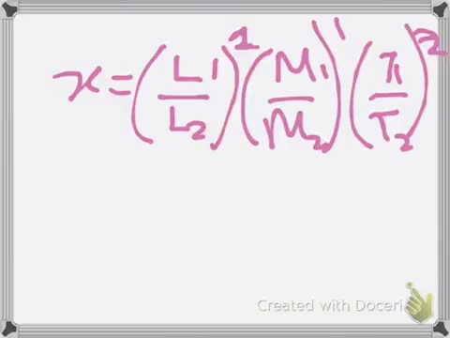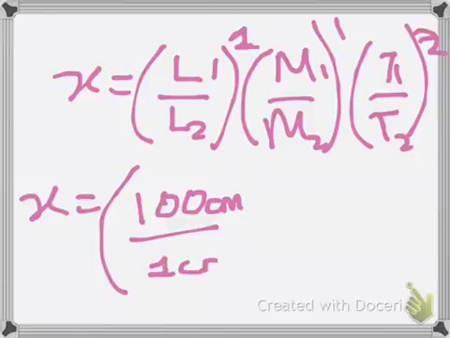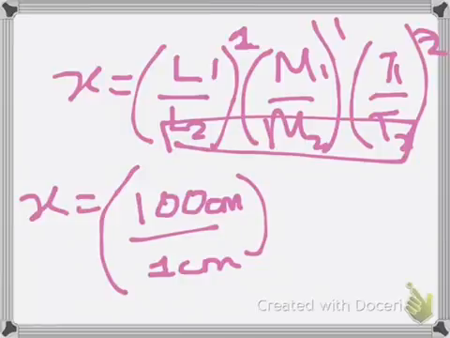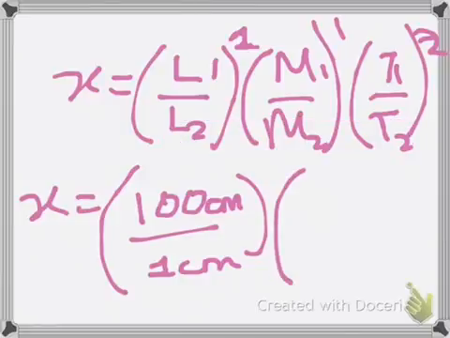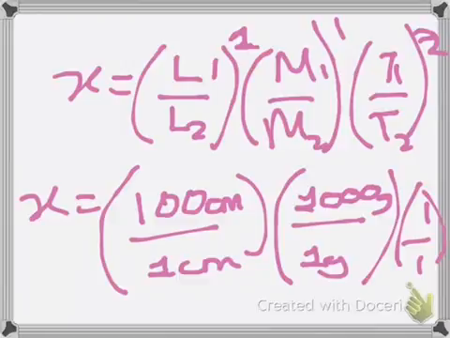In the SI system, L is 100 centimeter upon 1 centimeter, because L2 and M2 are in CGS, M1 is 1000 gram upon 1 gram, and time remains the same, so it makes no difference.